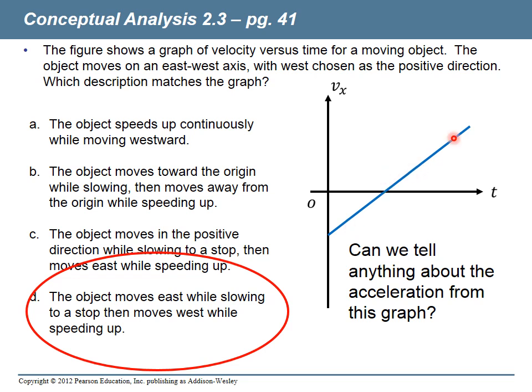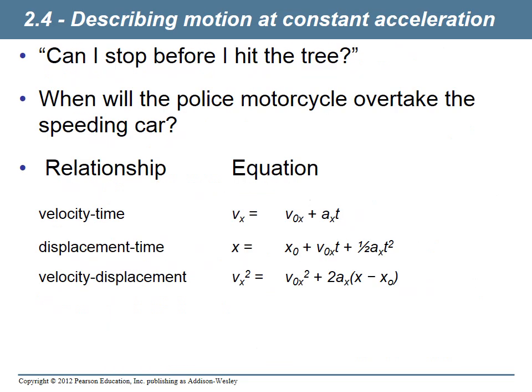The slope is also about positive 1 here and positive 1 here. It's a straight line, so the slope is constant. So if the slope of the velocity versus time plot is acceleration, we can say the acceleration of this object is constant.